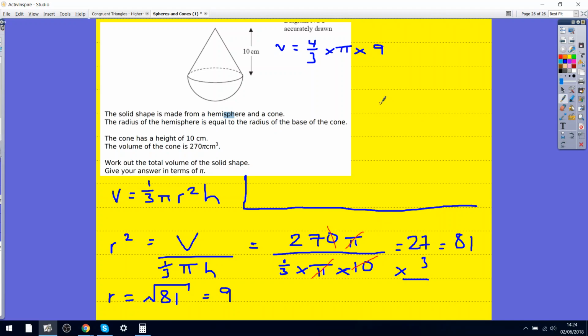Volume of a sphere. No, 9 r cubed. I think they give that to you anyway, though. Okay. So what is this going to be? And then divide it by 2, you're right. Okay, so how do we do this?